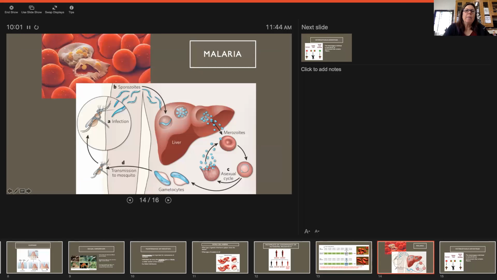Now, malaria is carried by the Anopheles mosquito, a specific species of mosquito. Mosquitoes will bite you. When they bite you, they spit inside you, because if they were to bite you, you would clot so fast that they wouldn't get a meal.